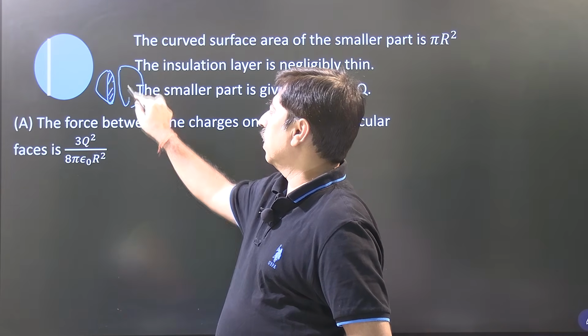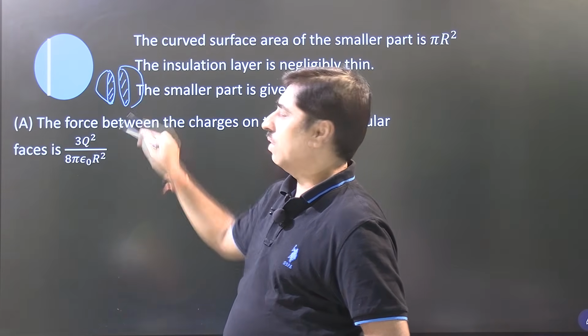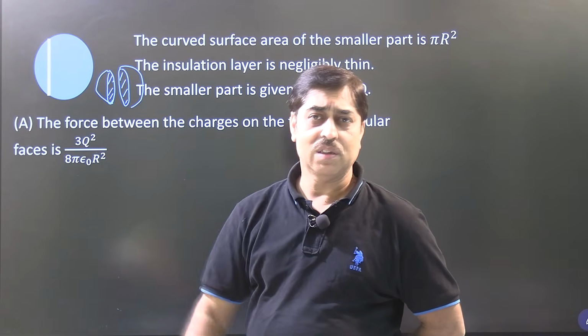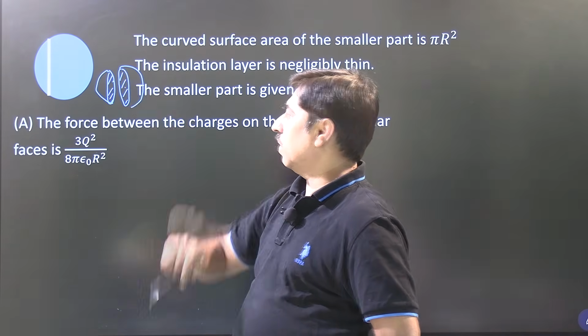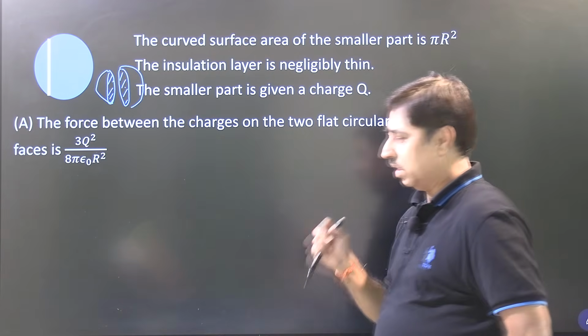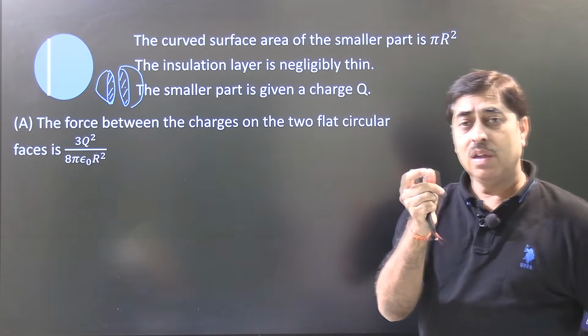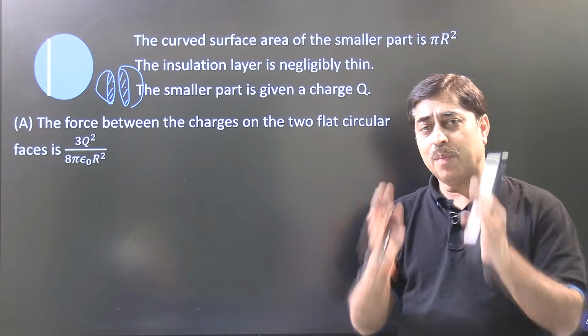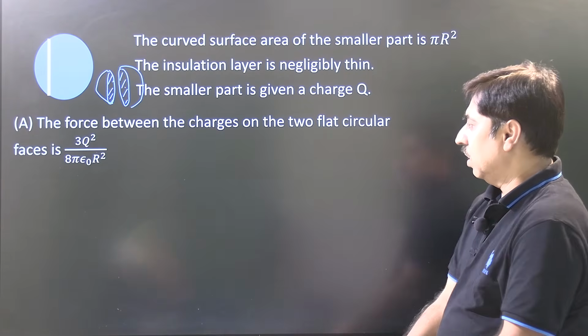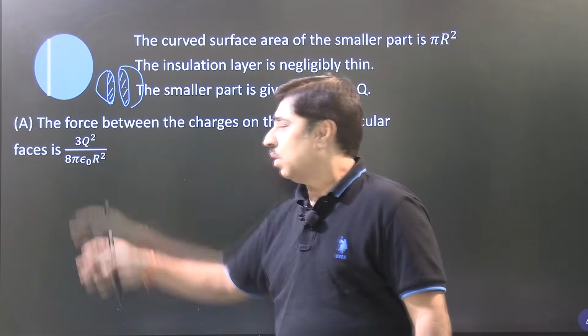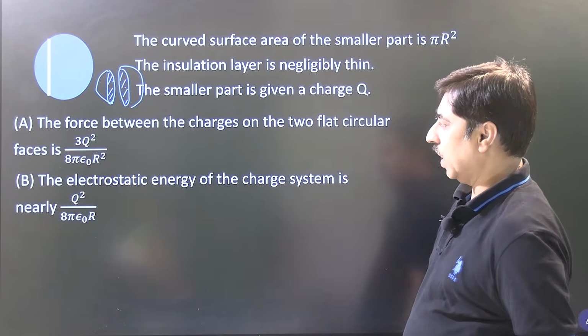This is also having a circular face of the same size. In between them there is a layer of insulation. So this flat surface is having some charge, this flat surface is having some charge. Is the force between those two charges, which happen to be on the flat circular faces of the two parts, equal to this much or not? This is what you have to decide.